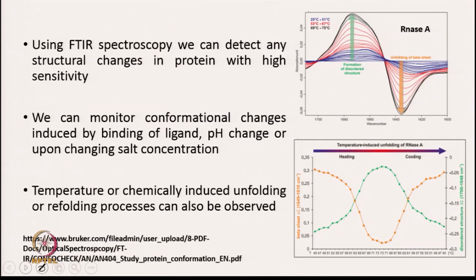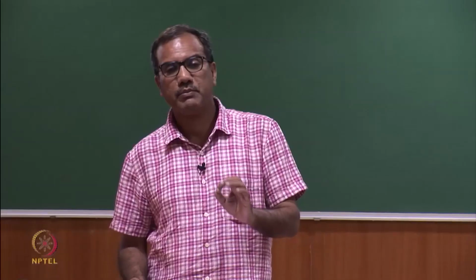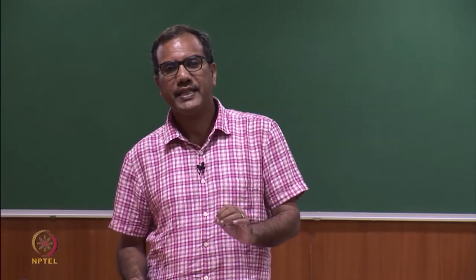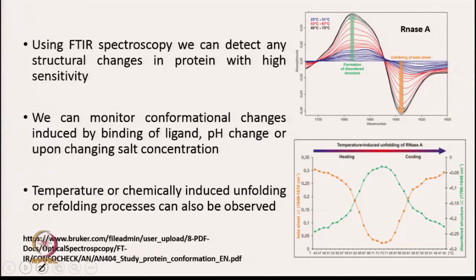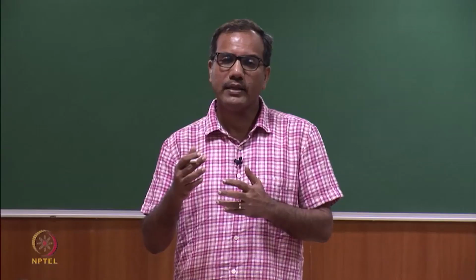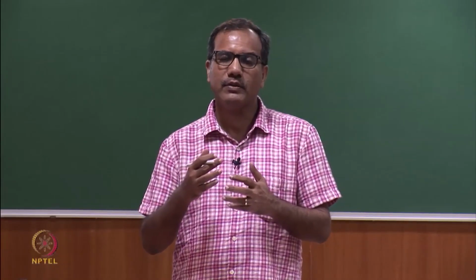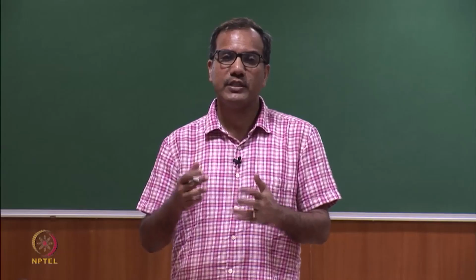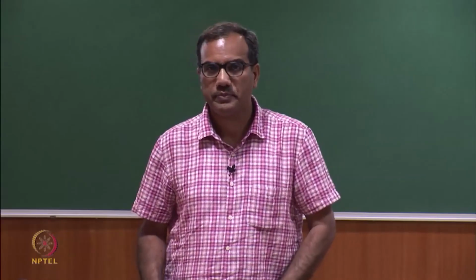Now, you can also use FTIR spectroscopy to detect any structural changes in protein with high sensitivity. So, you can change the condition and look at how conformation of protein is changing with change in condition.